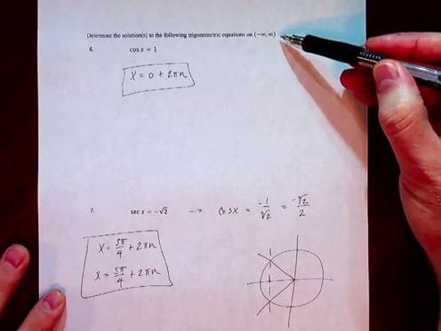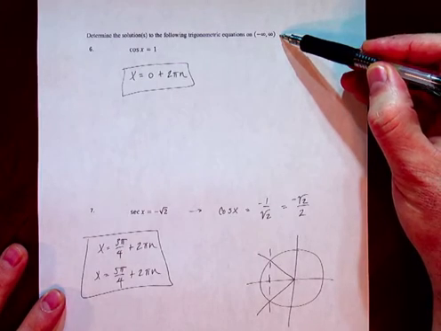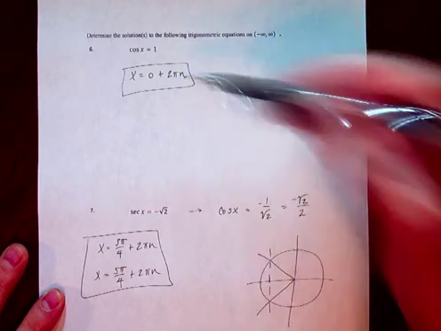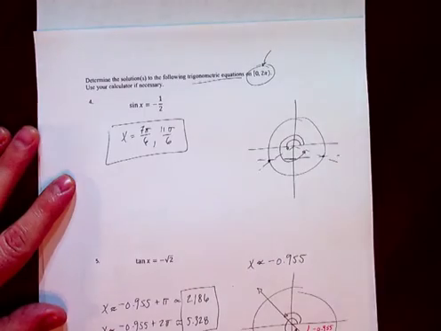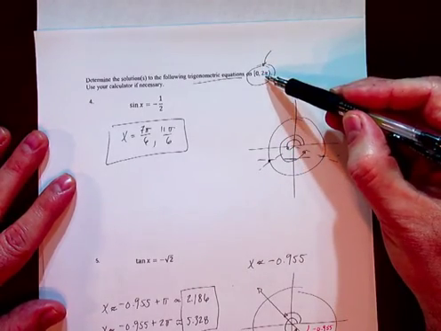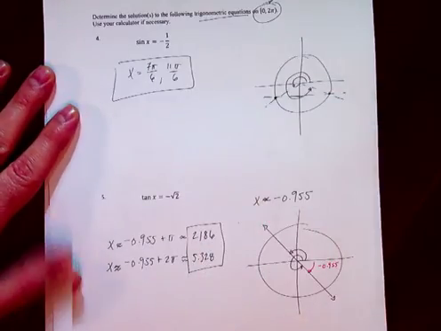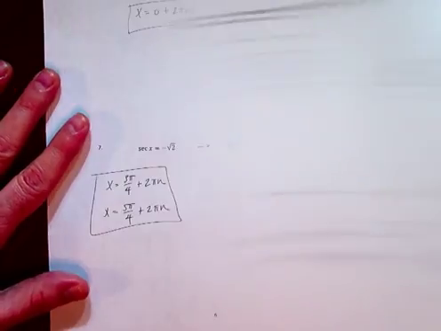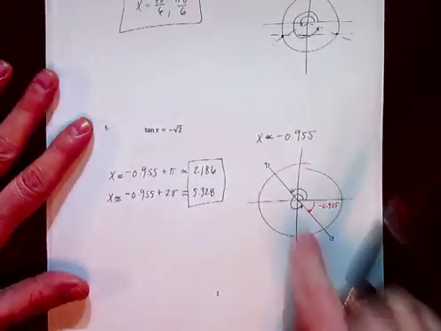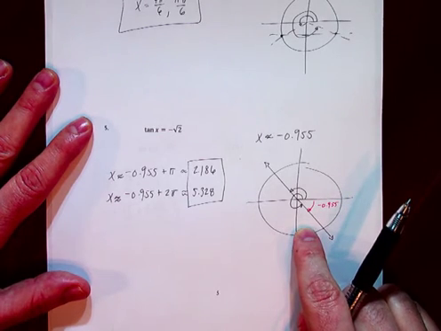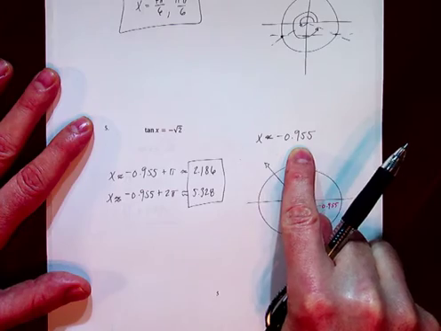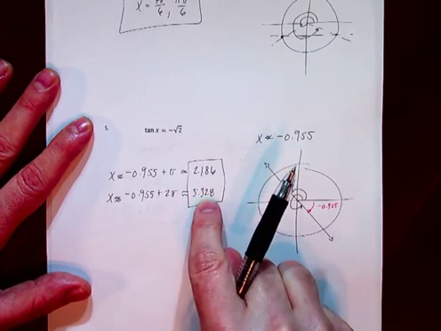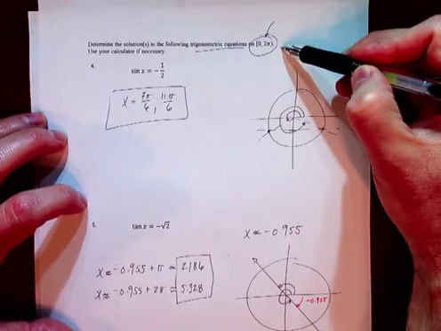The interval here is negative infinity to infinity. So it's the plus 2 pi n, plus 2 pi n, plus 2 pi n. Here, it was just 0 to 2 pi, and therefore I needed to be very careful. Now here I used the period in order to adjust what my calculator gave me, but I did only give those two values that were between 0 and 2 pi.